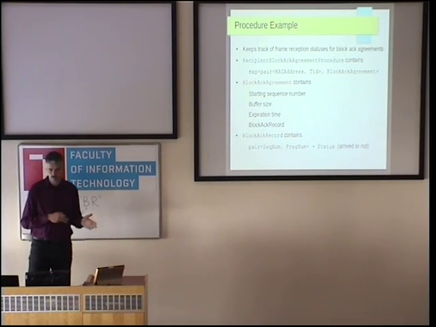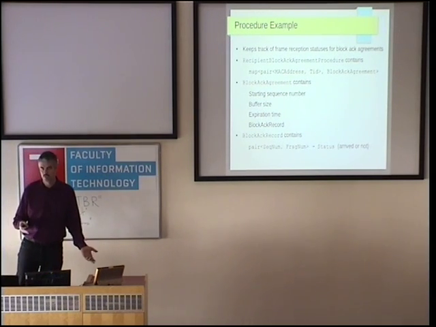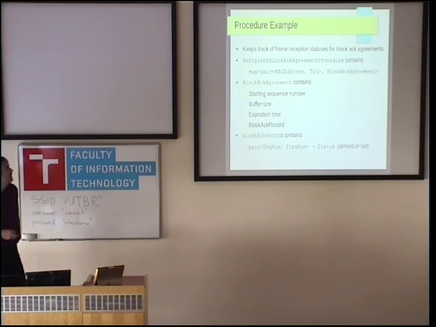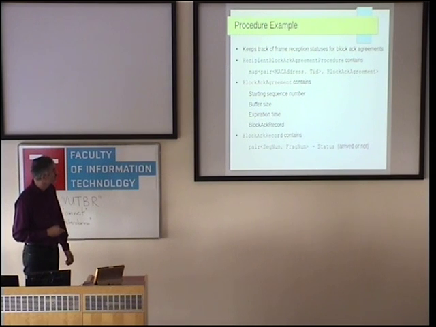In the original DCF version there were no block ACKs, so every frame had to be ACKed individually, which wasn't good for high data rates, because the ACKs took away from the channel, and utilization was low due to the lot of ACKs. So the block ACK mechanism was introduced in the standard, and this is the procedure that handles this state. This is just an example.